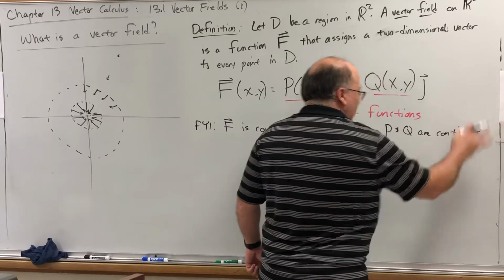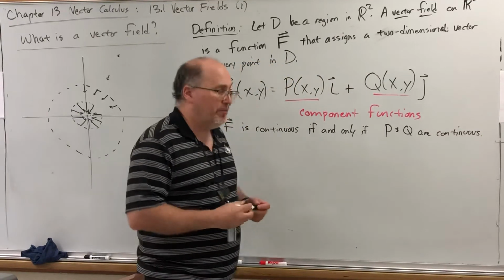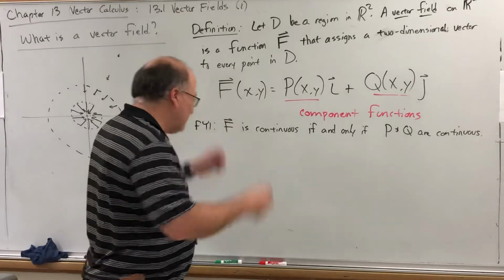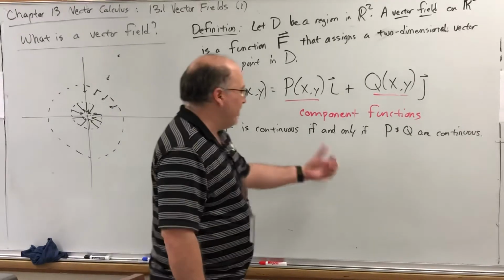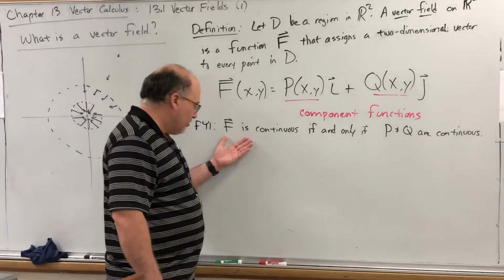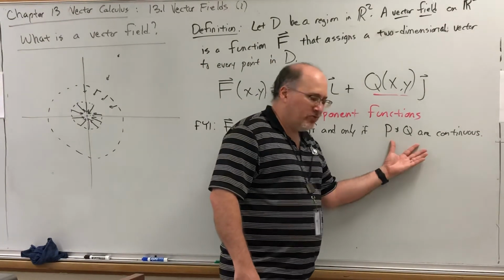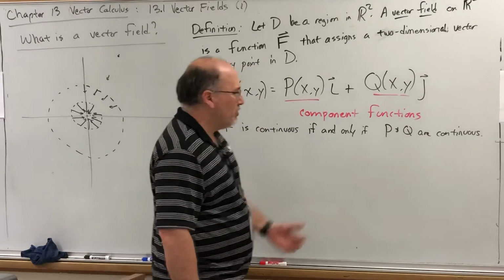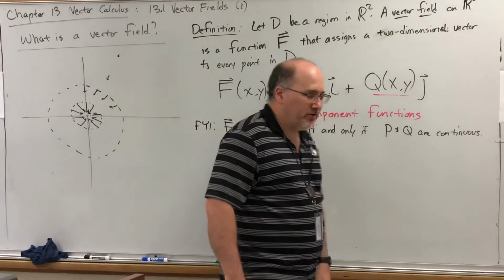If you're going the pure math route, when you get to a course called topology, you'll learn a lot more about what it really means to be continuous. It's quite fascinating. And what if and only if means is you can't have one without the other. For example, if the vector function is continuous, then its component functions are continuous. But if the vector function is not continuous, then one or more of its component functions are not continuous.